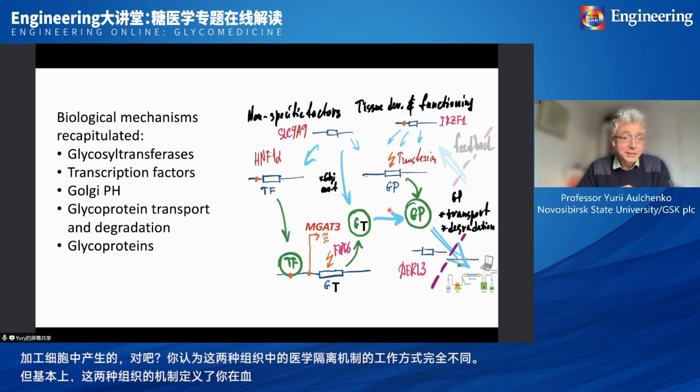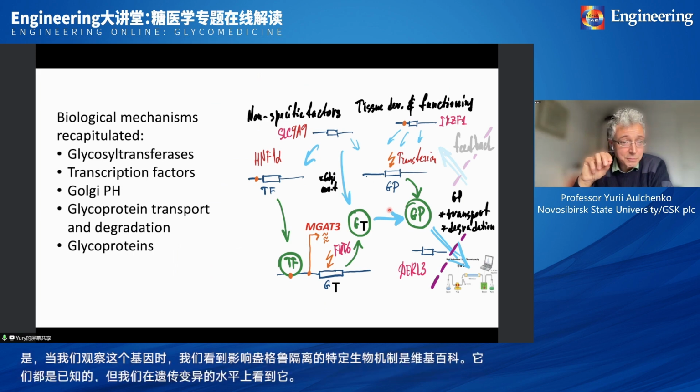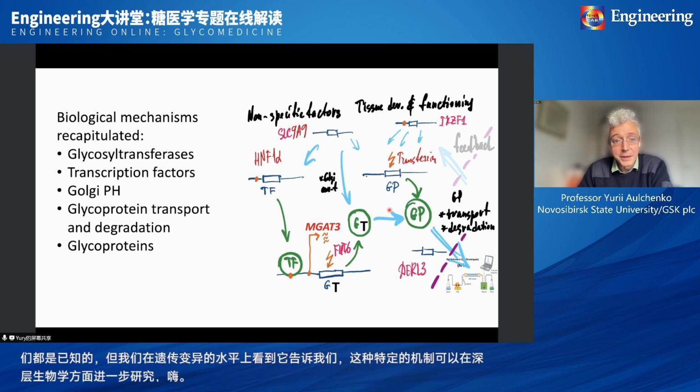The second observation is that when we look at these genes, we see the specific biological mechanisms affecting N-glycosylation recapitulated. They are all known, but that we see it on the level of genetic variation tells us that these specific mechanisms can be studied further in terms of deep biology, high confidence biology, and causality using the quantitative genetics approach.